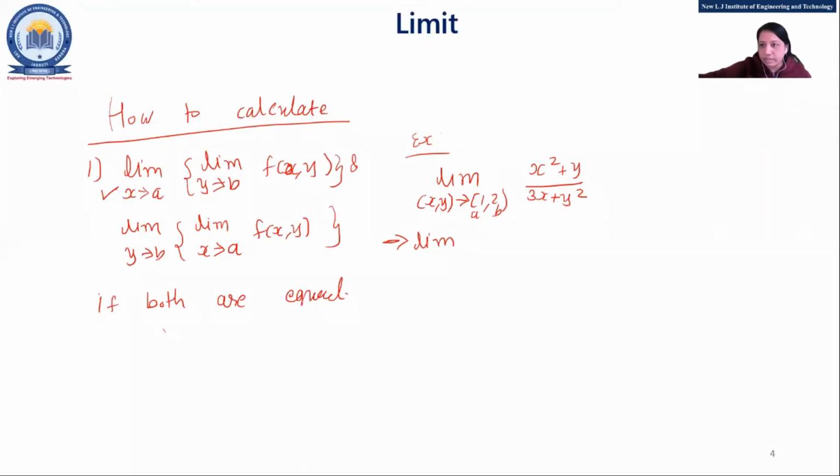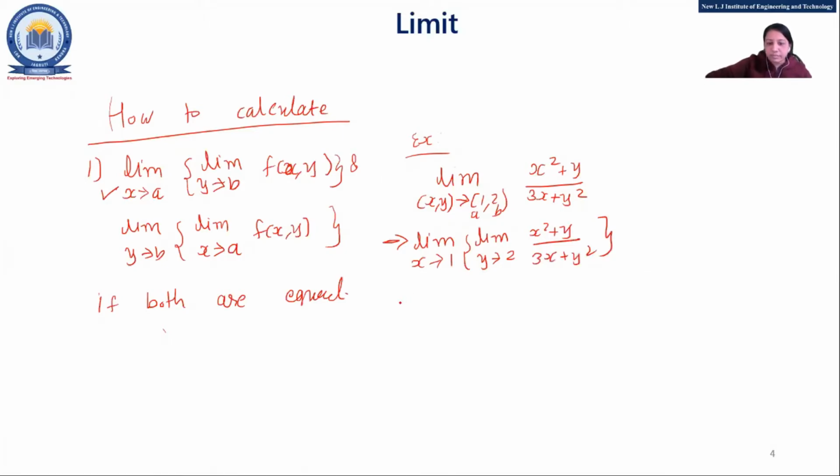Okay, fine. I'll show you one example, then you are supposed to find the value yourself. x tends to 1, and first I'll find for y. So how can we write? Limit y tends to 2 of (x square plus y) upon (3x plus y square).